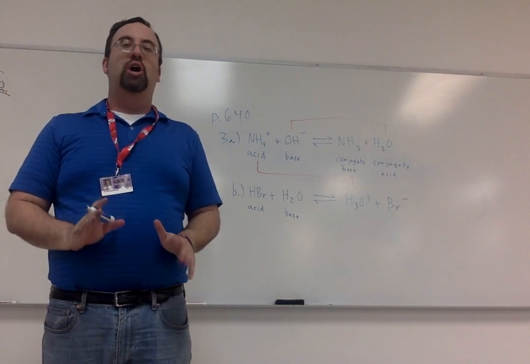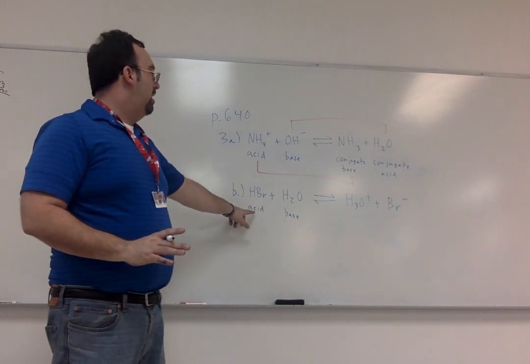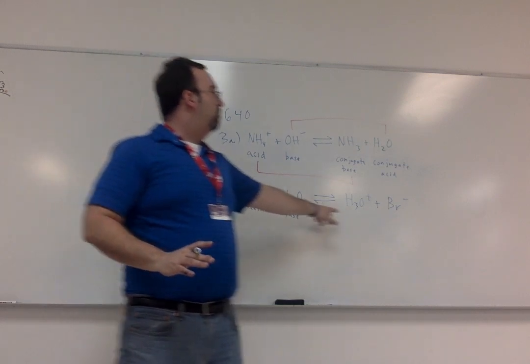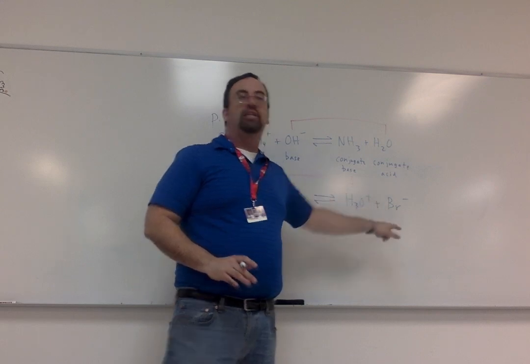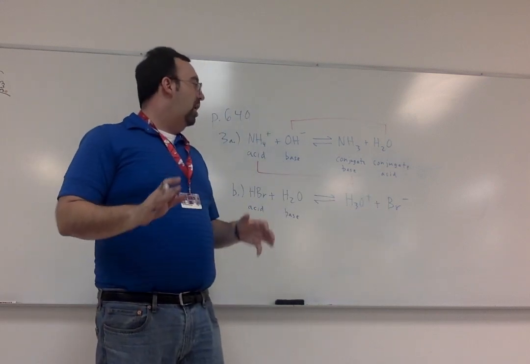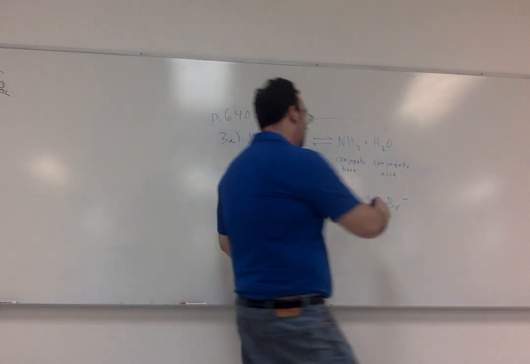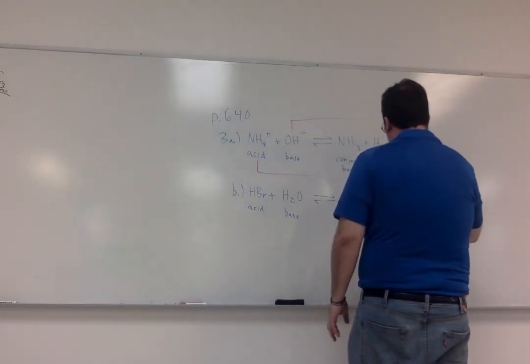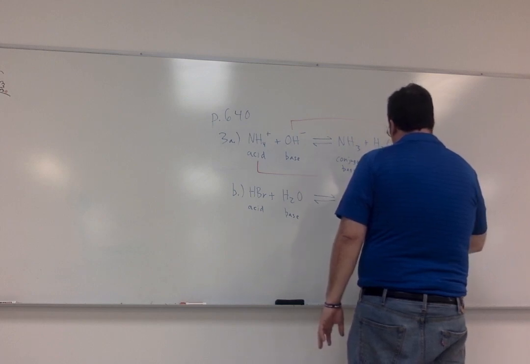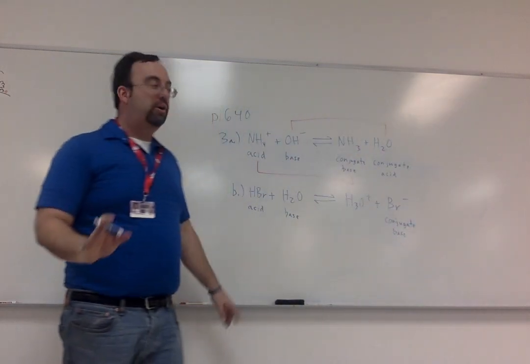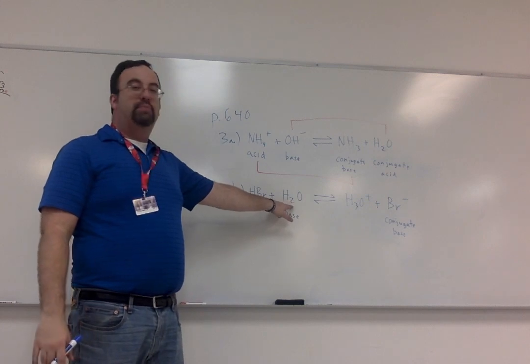And so notice that here, the acid has lost the hydrogen, and so we know that the Br- must be the conjugate base, because it has lost the H+ that the HBr had. Also, the water here is the base.